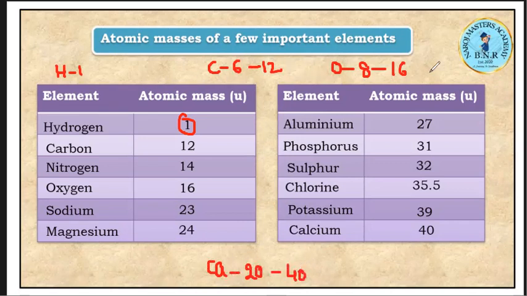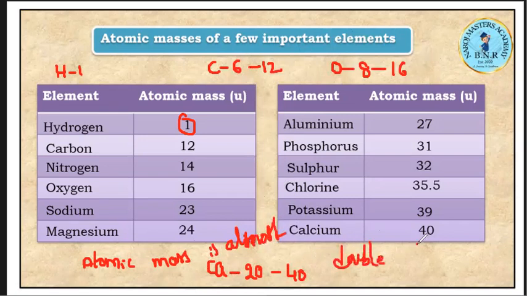So, by observing all this, we can say that the atomic mass is almost double the atomic number. But not for all elements; for a few elements it is either less or more by 1.